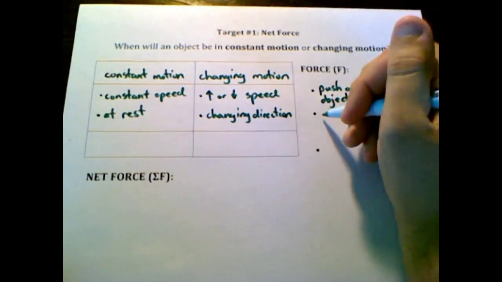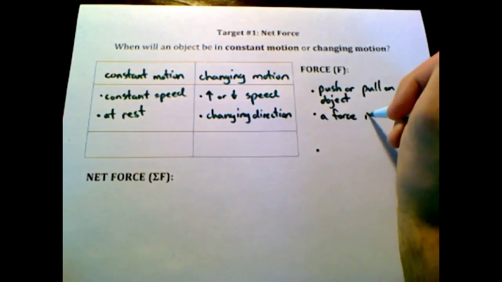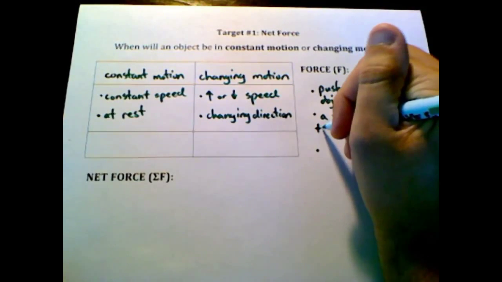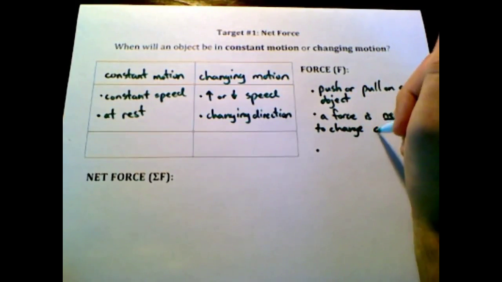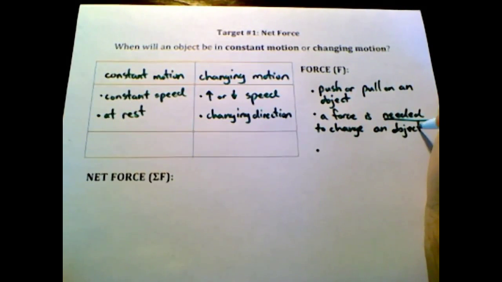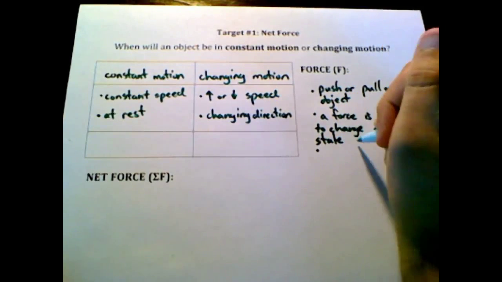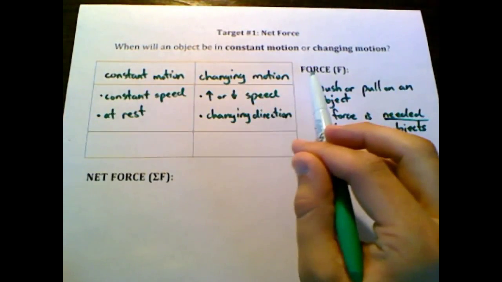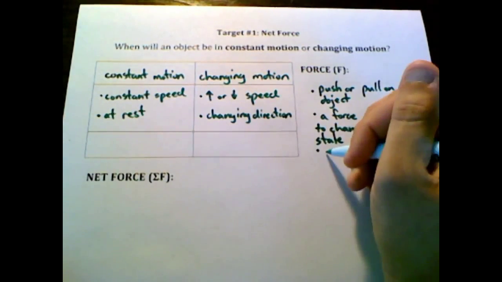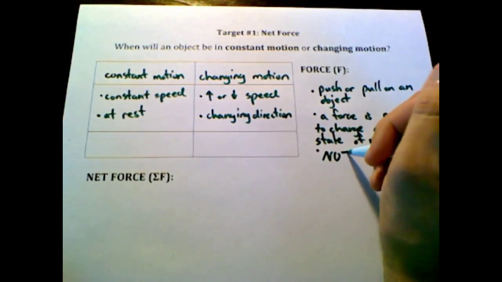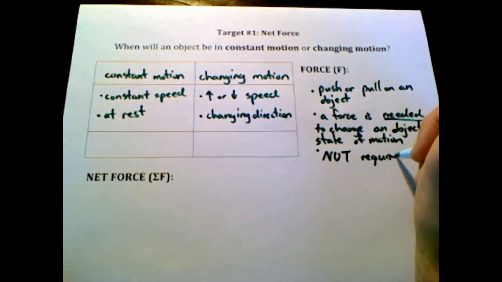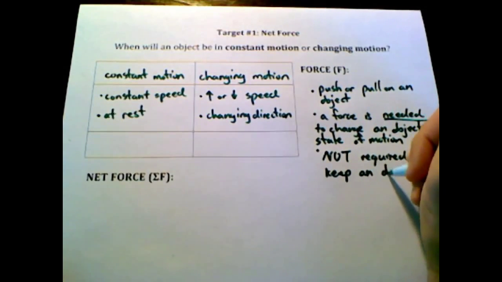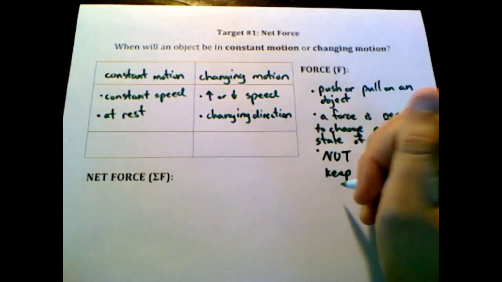A force is needed to change an object's state of motion. So in order to have changing motion, we have to have a force. And finally, a force is not required to keep an object in motion.